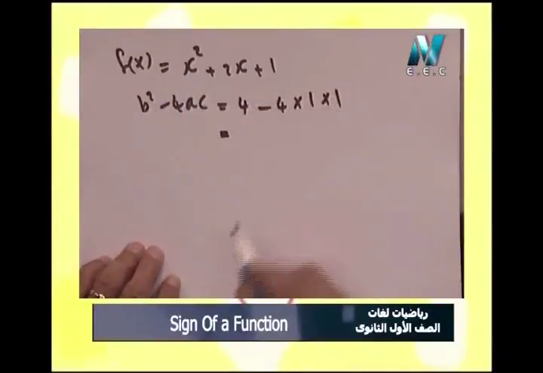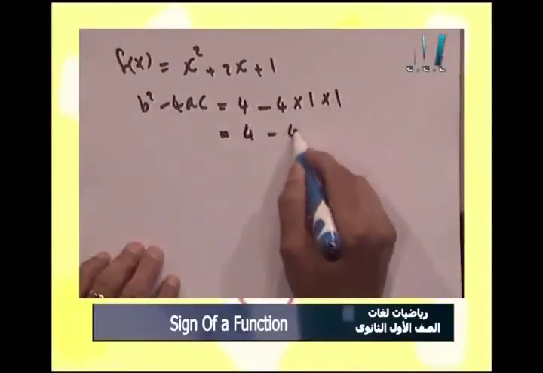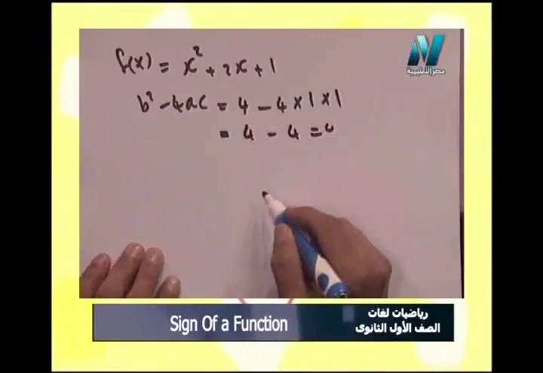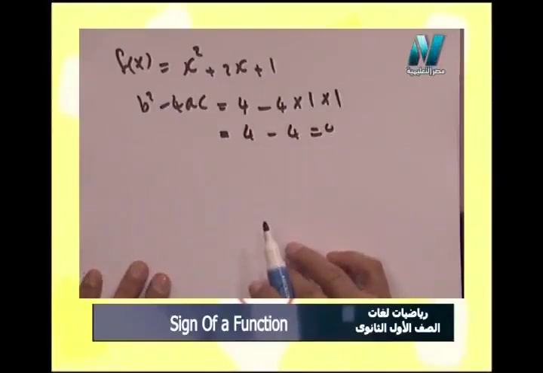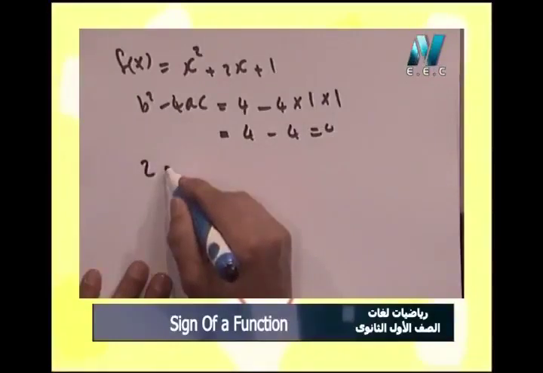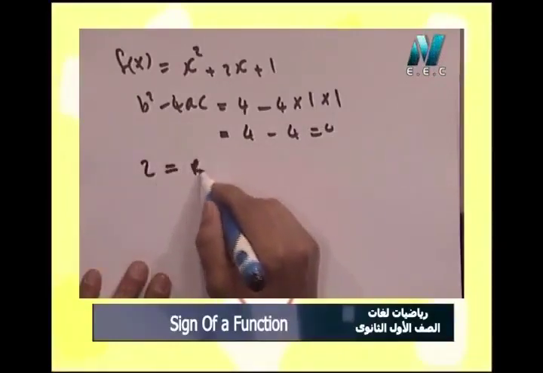Calculate this number. This is 4 − 4 equals 0. When the discriminant equals 0, then we have two equal real roots.